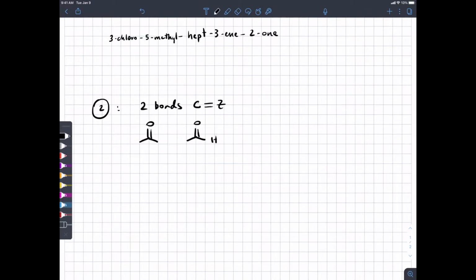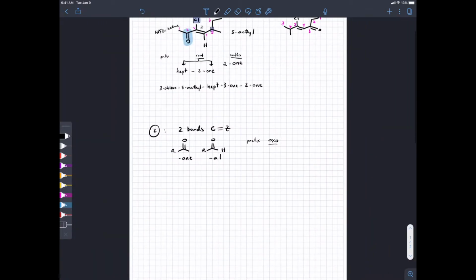The suffix for the ketone is -one. The suffix for the aldehyde is -al. The prefix for both of them is -oxo. Maybe it's -oxa. I can't remember which. I don't care. It's -oxo. Okay? Those are maybe the most important ones. The other functional groups you should know, but their suffixes aren't that important because they'll often be substituents, and we'll call them as prefixes.